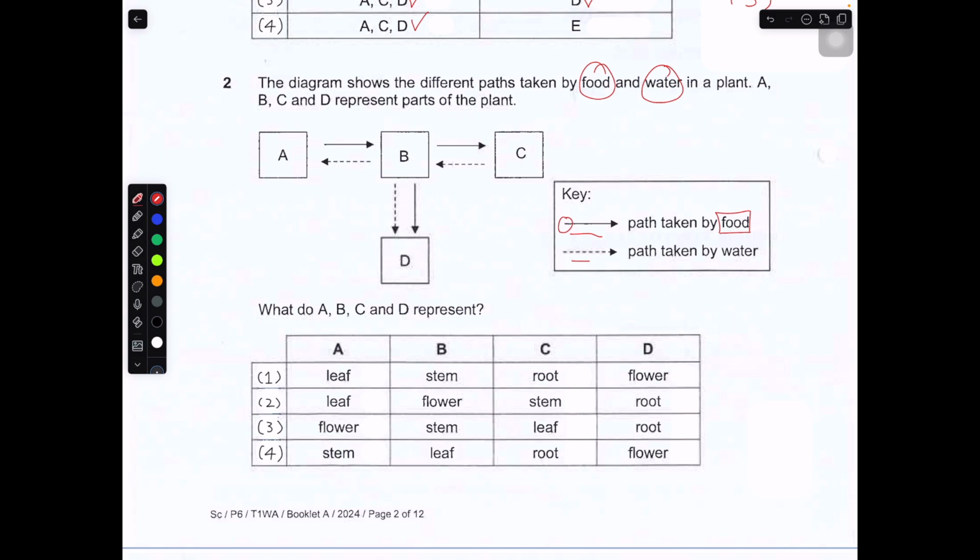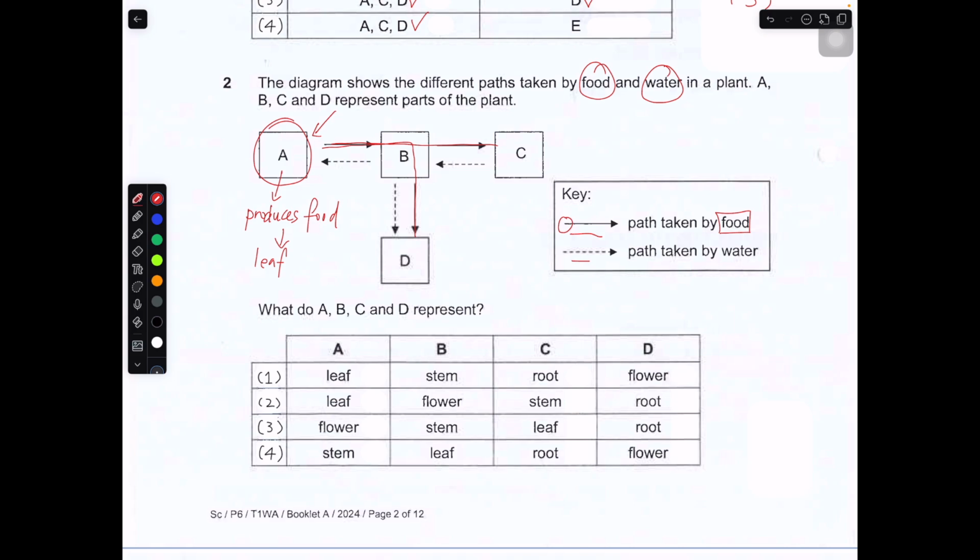Let's say for food, the arrows all come from this point. So straight away, you probably know that A is a place that produces food. So it must be leaf. It is the site where it carries out photosynthesis.